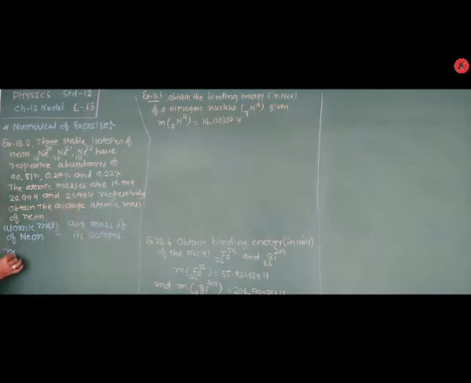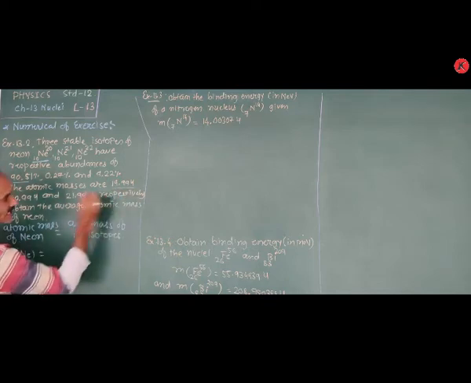Therefore, the mass of neon is equal to, first, isotope neon 20, as the percentage is 90.51 and its mass is 19.99.